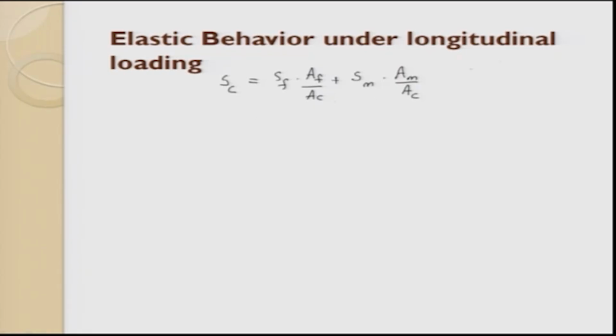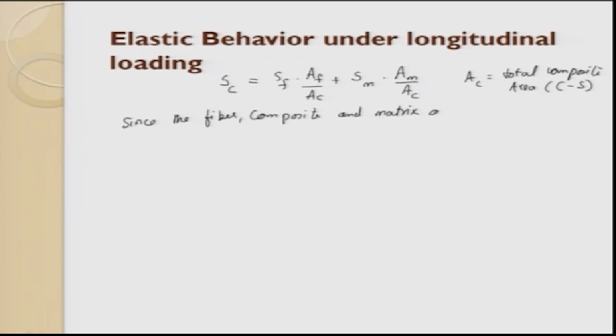This AC is nothing but the total composite area. That means to say I am talking about the cross section. Okay, since the composite, fiber and matrix lengths are all equal.